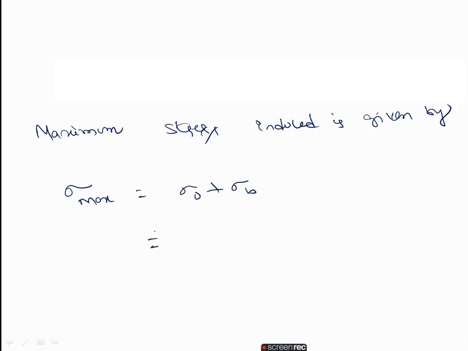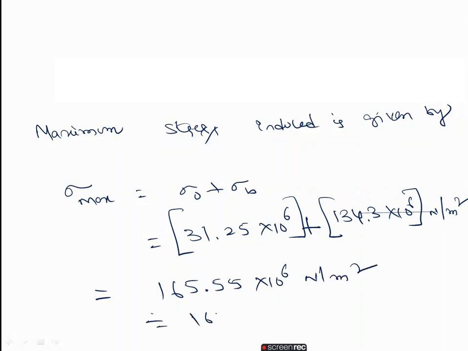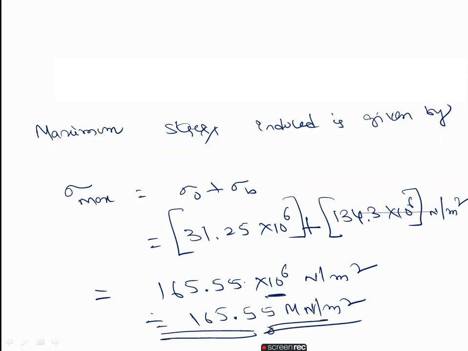Sigma max is nothing but 31.25 into 10 power 6 plus sigma b, 134.3 into 10 power 6 Newton per meter square. Finally, if you solve this one, you will get 165.55 into 10 power 6 Newton per meter square. 10 power 6 means mega, that is 165.55 mega Newton per meter square. So finally we got this answer.